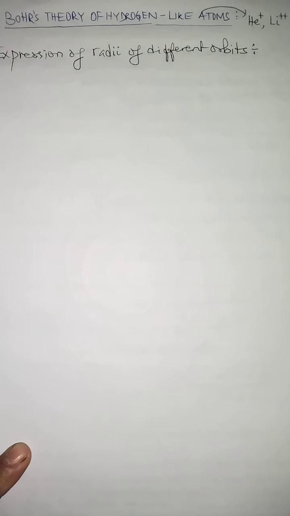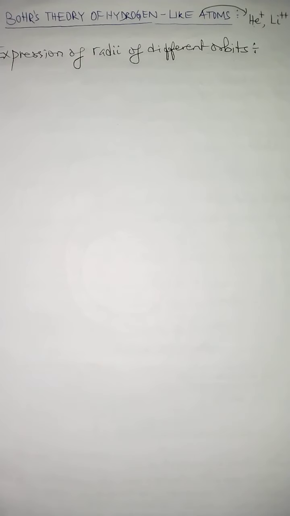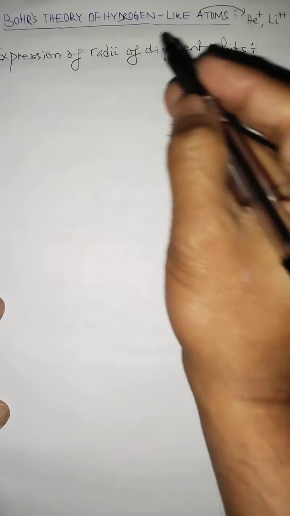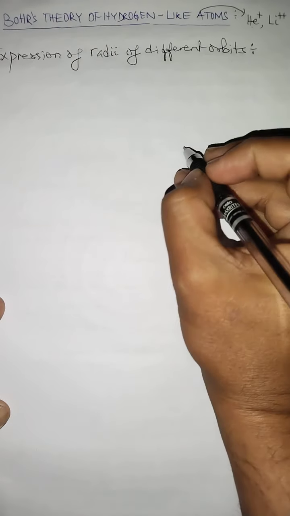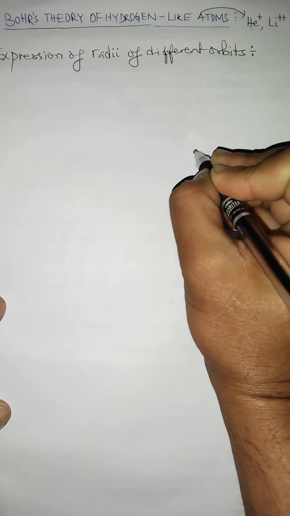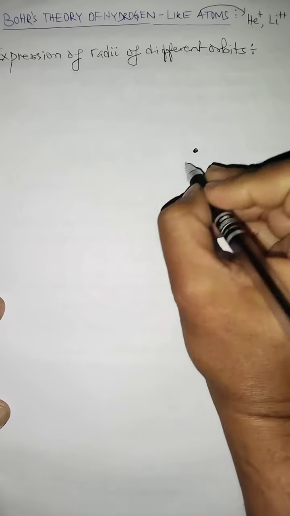You know that in Bohr's theory, the electron revolves in different orbits, and every orbit has a radius, which can be measured with the help of Bohr's theory. So for that, let me take an atom like hydrogen or a hydrogen-like atom. This atom consists of a center part, which I consider as the nucleus, and this nucleus carries charge.